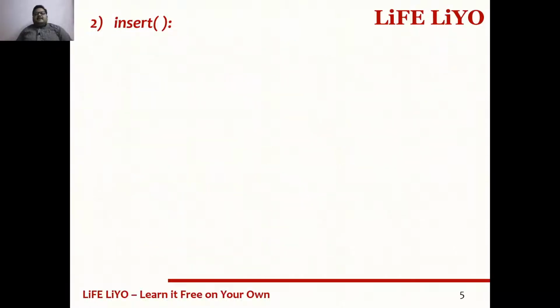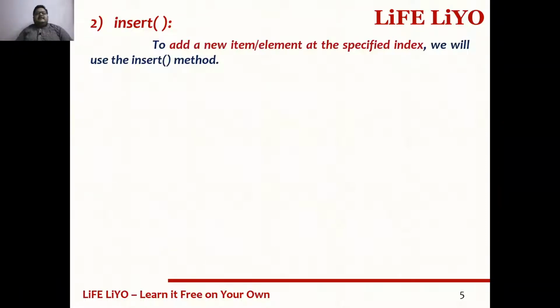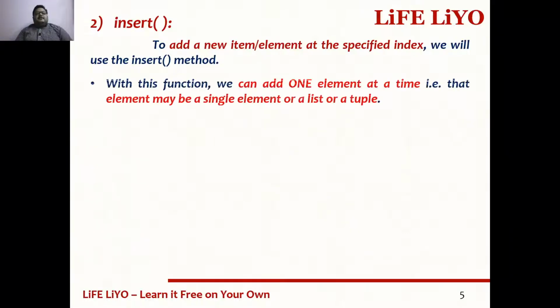Next, insert. What is the difference between append and insert? Insert is used to insert an element at the respective index. If you want to insert the element in a particular position, that should be done with the help of insert. With this method, we can add one element at a time, the common thing.